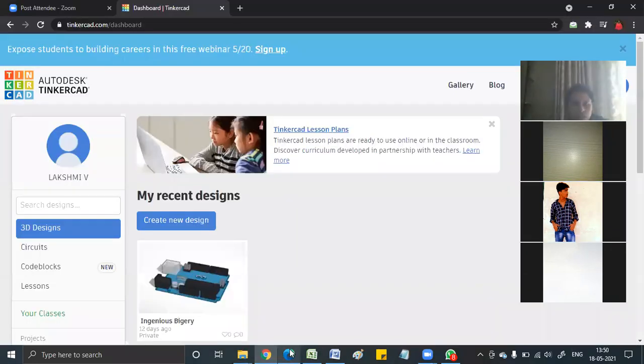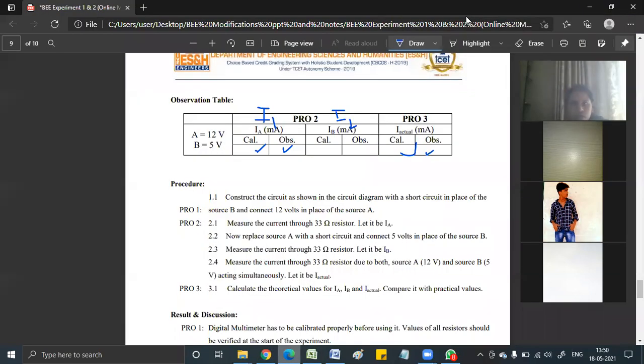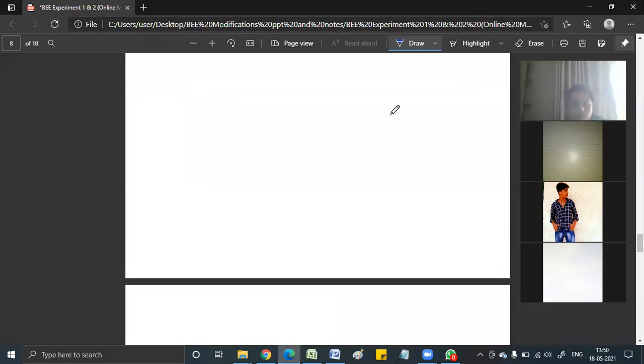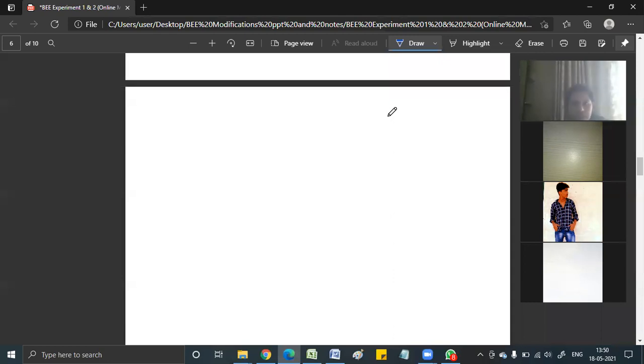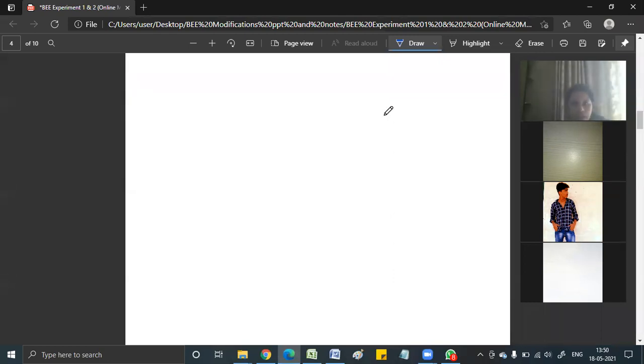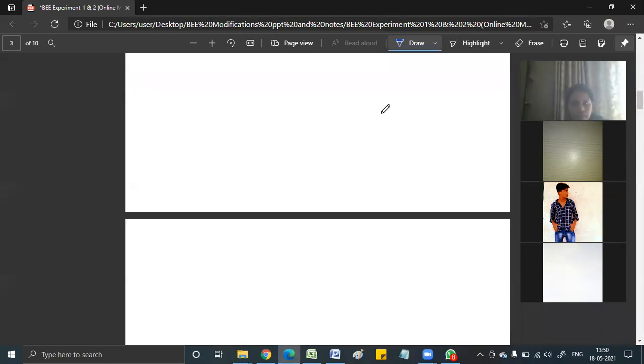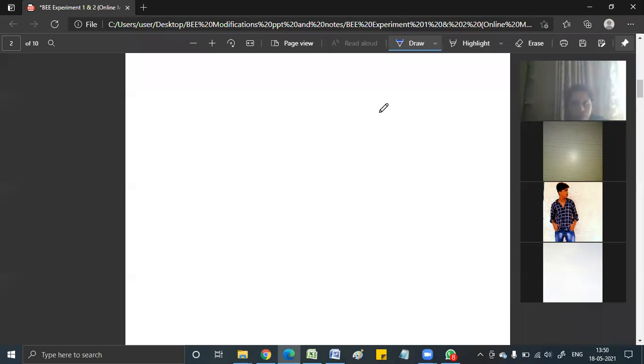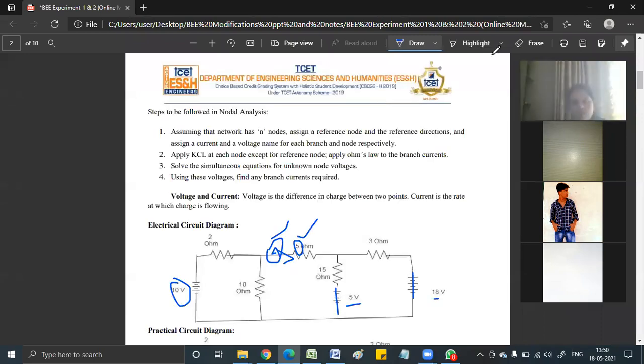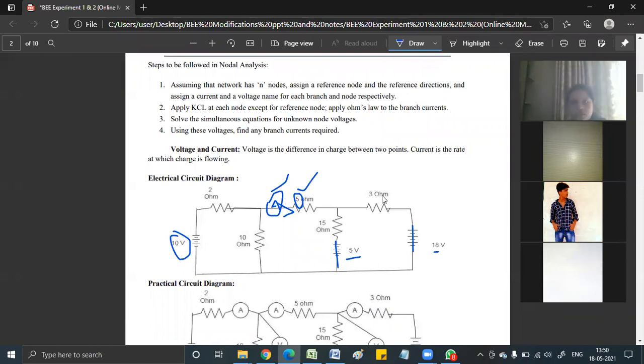I'll just open the first experiment because we are going to use that electrical diagram. This connection we have already done on our Tinkercad.